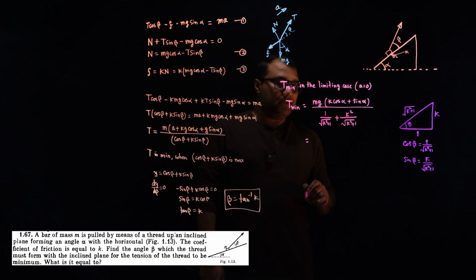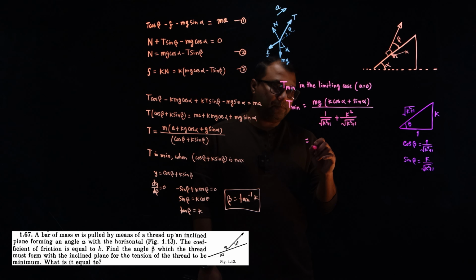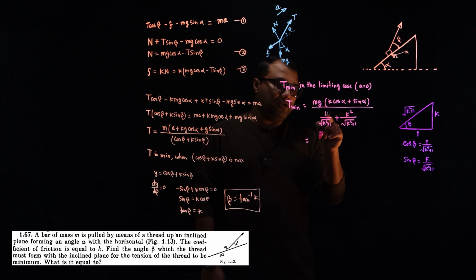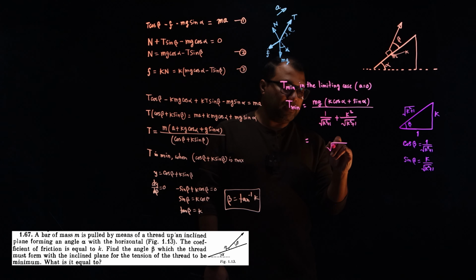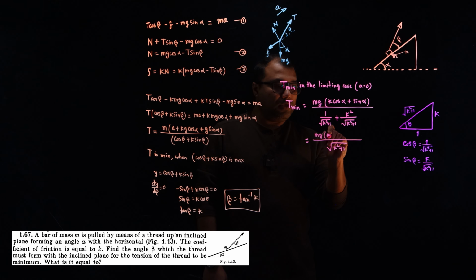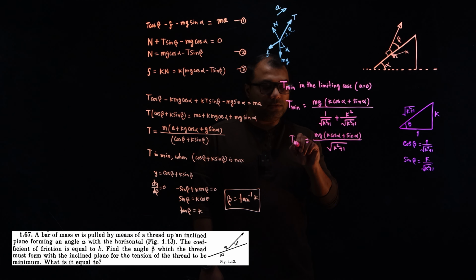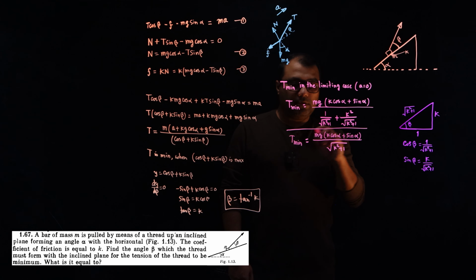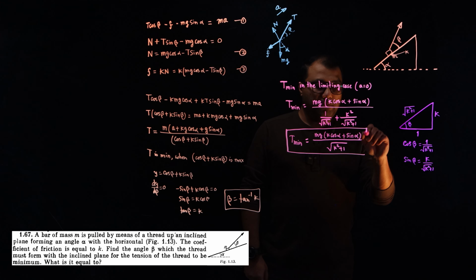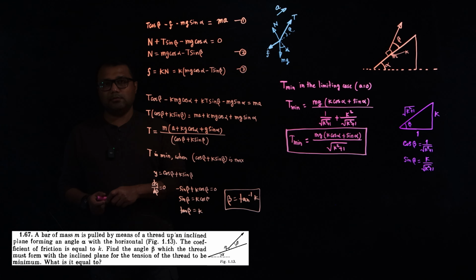If I simplify this, taking root over k square plus 1 in the denominator, it will effectively become root over k square plus 1 in the denominator, and we will have mg (k cos alpha plus sine alpha) in the numerator. So this is my minimum value of tension. Okay, so that's our solution.